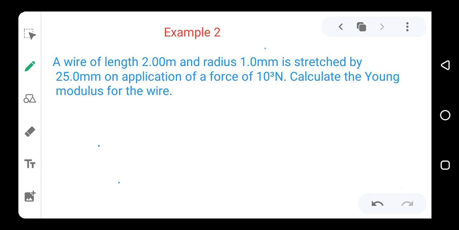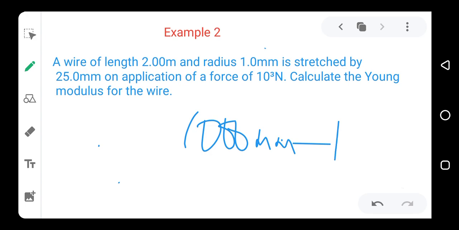We know that 1000 millimeter is equal to 1 meter.